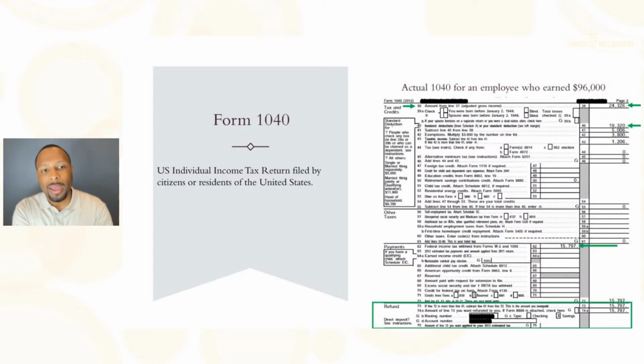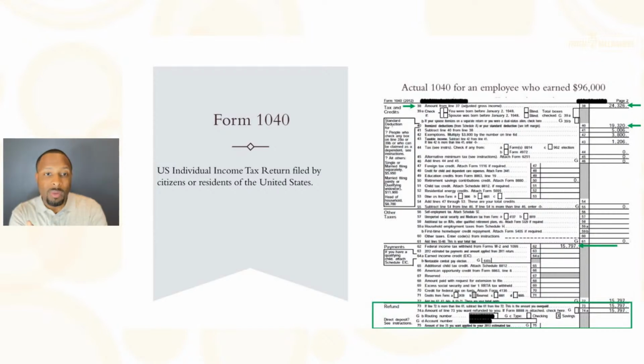Now, let's look at how those itemized deductions actually get us closer to our bottom line. When we look at our payments, going back to the W-2, we know this individual had federal income tax withholding of $15,797. Again, we're starting to peel off all of the layers so that we can understand why he was able to receive a full refund and reduce his tax liability all the way to zero, which is what you see here in terms of the payment on line number 62.